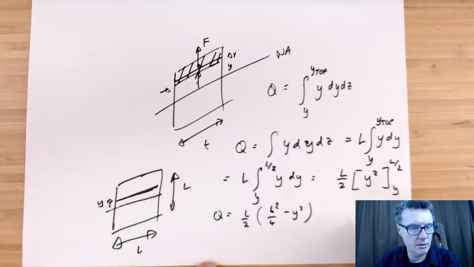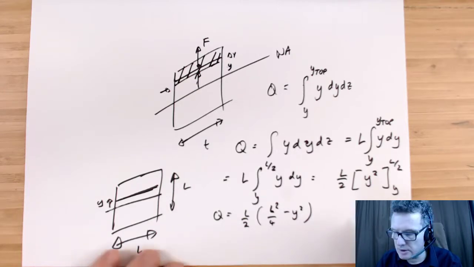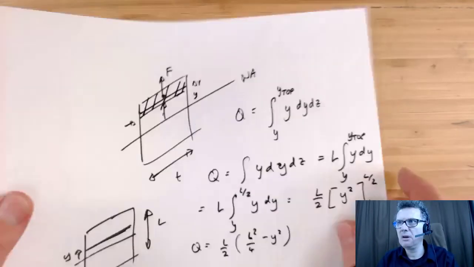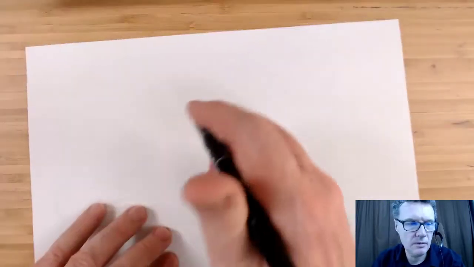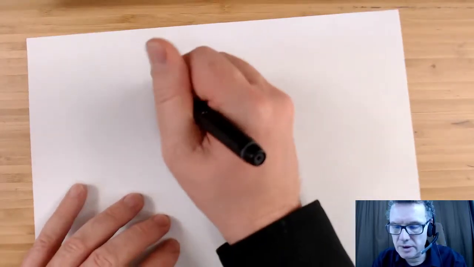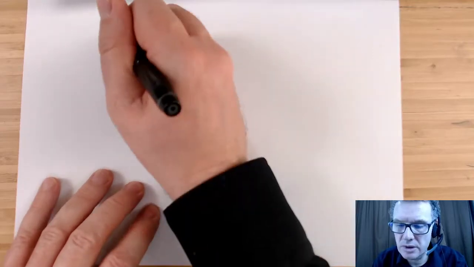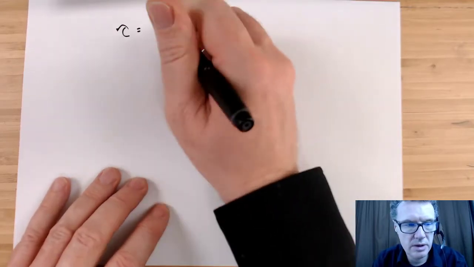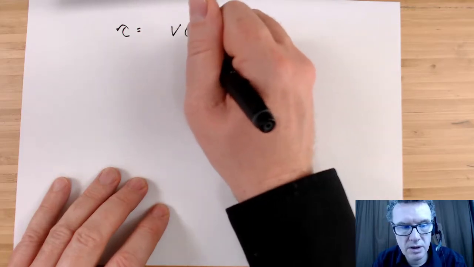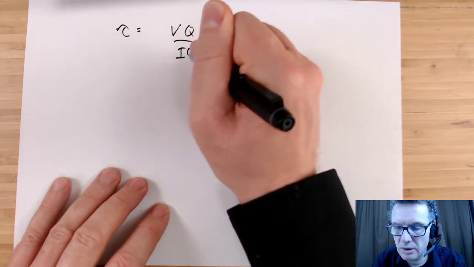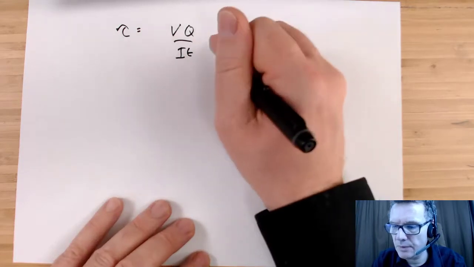So we then can dump this into our formula, and that is that the shear stress is given as VQ over I t.